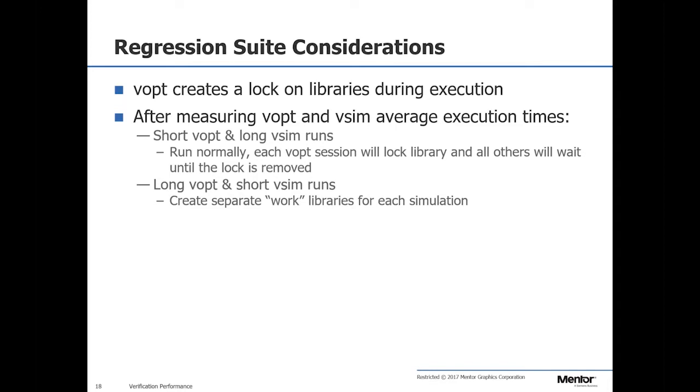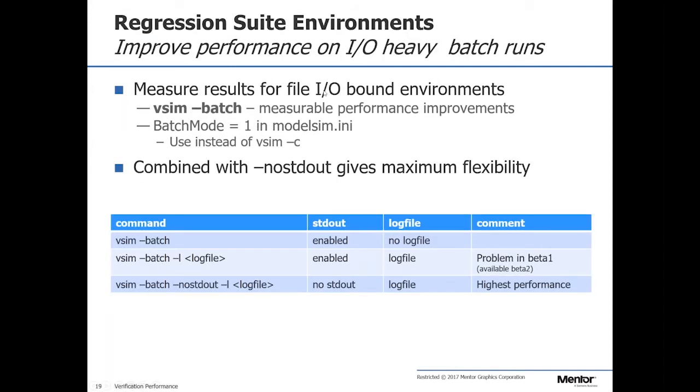If I kick off something and, in the worst case scenario, let's say I have 10 Questa licenses and those all run on a server farm, and I've just submitted a batch of 100 jobs I want to run. Well, if I'm optimizing and doing that two-step flow, and every time it's doing that optimization, then that stalls how many simulations can run at one time, because it's got to wait while that lock is on the library. So if I do the two-step flow, then I do the vopt once, and then I can kick off a bunch of simulations.